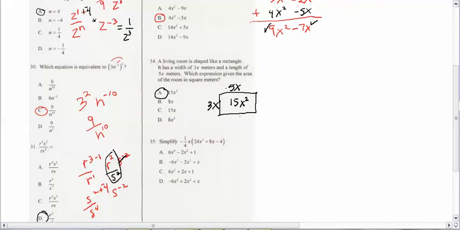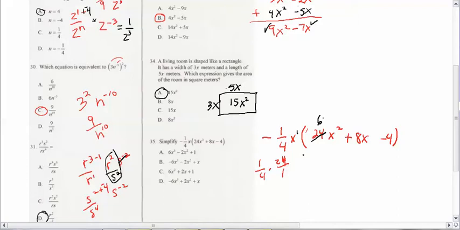Okay, the next one. I'm going to write it over here. I got negative 1/4 x. We're going to multiply it with 24x squared plus 8x minus 4. When you're multiplying 1/4 times 24, you're really dividing: 4 will go into 24 6 times. So we're dividing how many times 4 will go into each of these terms. So 6 times. And then we have multiplying bases, we're going to add exponents.